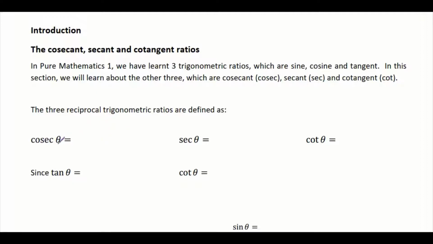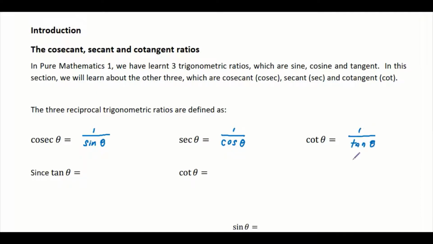So cosecant theta basically means 1 over sine theta. Secant theta is 1 over cos theta. And cotangent theta is 1 over tangent theta.